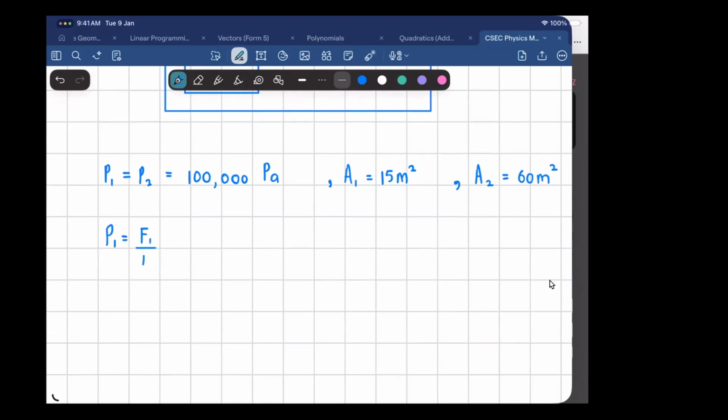You agree? Yes, sir. If I made F1 the subject, what would that be equal to? Force is equal to P1 times A1. What's P1? 100,000 pascals. What would you end up with?